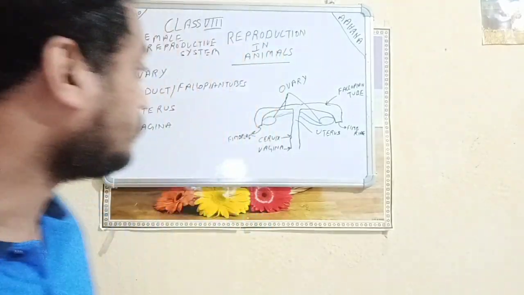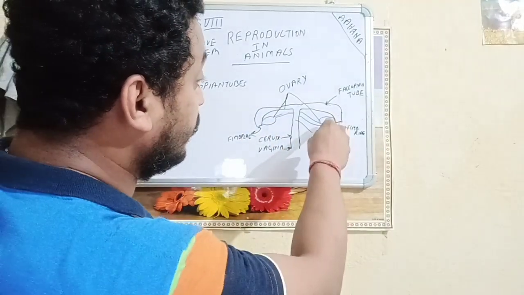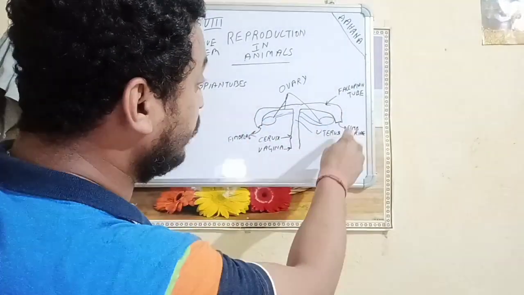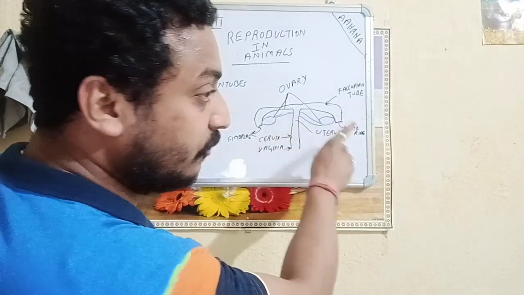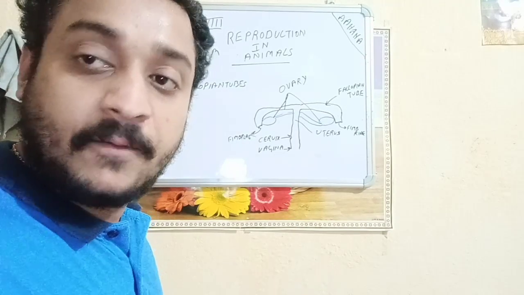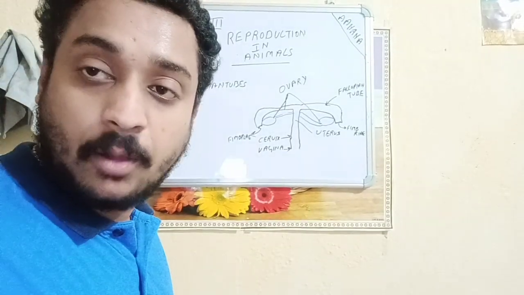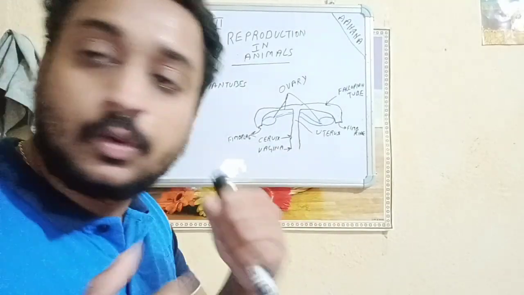Now, as I told, the ovary will form the egg, both the ovaries. If in January the right ovary is forming the egg, in February the left ovary will be forming the egg. It will go alternately, right and left, each and every month.